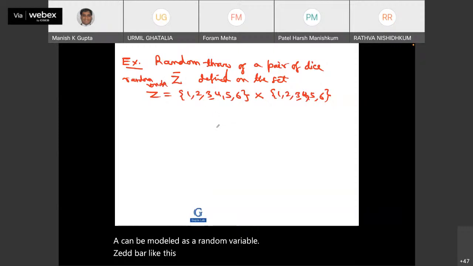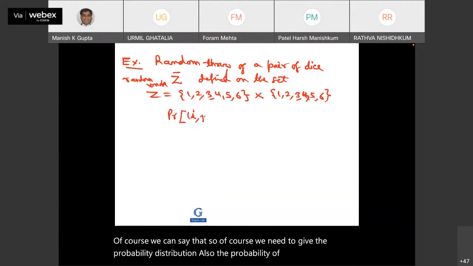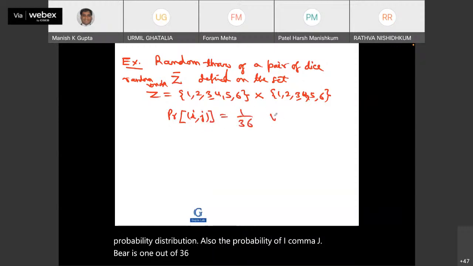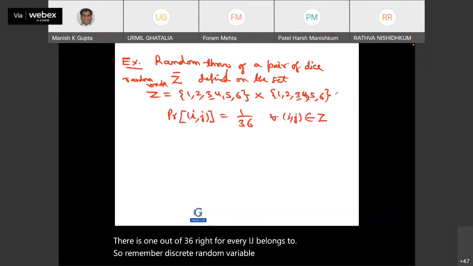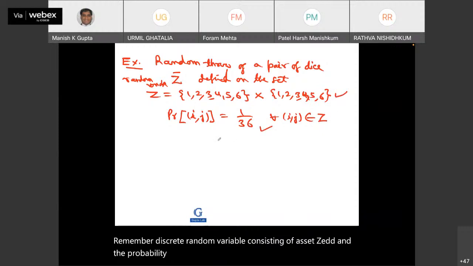Now we can compute the probability distribution. Of course we need to give the probability distribution also. The probability of the pair i, j is 1 out of 36, for every i, j belonging to Z. So remember, a discrete random variable consists of a set Z and the probability distribution. So this is given to us.